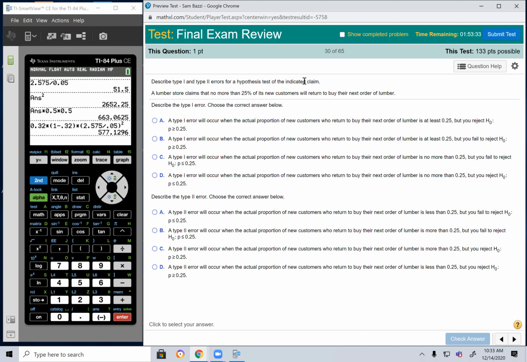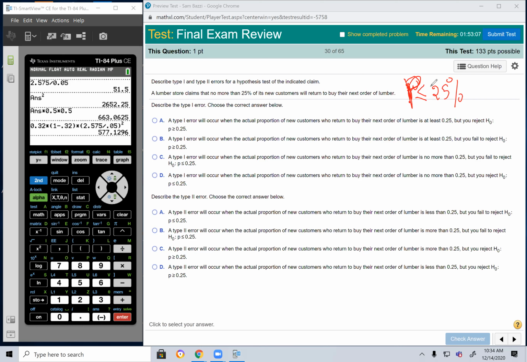So a lumber store claims that no more than 25% of its new customers will return to buy their next order of lumber. No more means what? Do you guys agree? No more means less than. Oh, sorry, proportion here. So p is less than or equal to 25%.